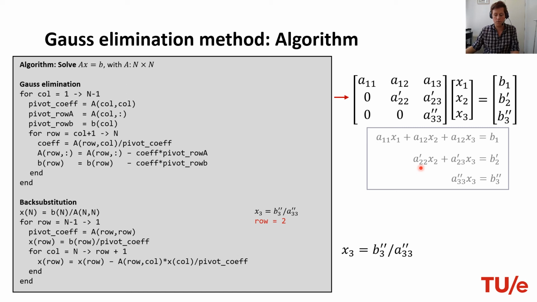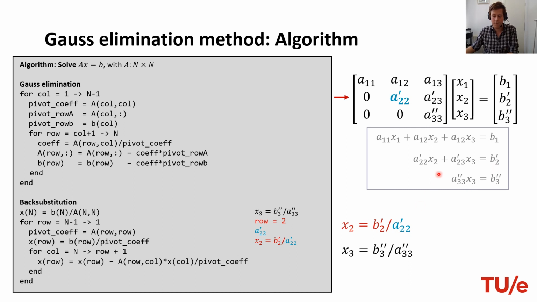So there are two terms, and let's first take into account this right-hand side divided by the pivot coefficient. So again, we say the pivot coefficient is a22 prime, and we can write this as the numerical solution is equal to the b in row 2 divided by this pivot coefficient. So we see that we already have taken into account this term b2 prime divided by a22 prime.